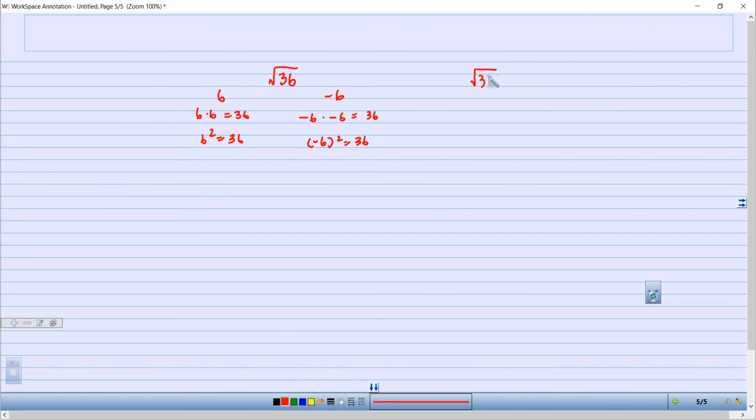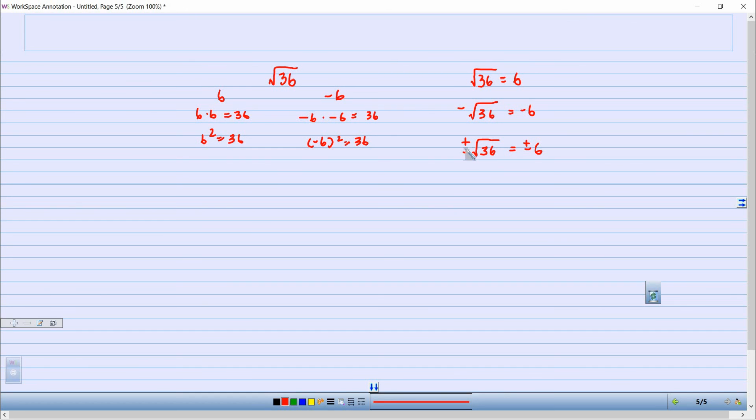Since it could be either one, this is what we do. If we want the positive or the primary square root of 36, we just don't put anything there. If we want the negative square root of 36, we put the negative there. And sometimes we say we want both of the roots of 36, and we put plus or minus, even though it's positive and negative.